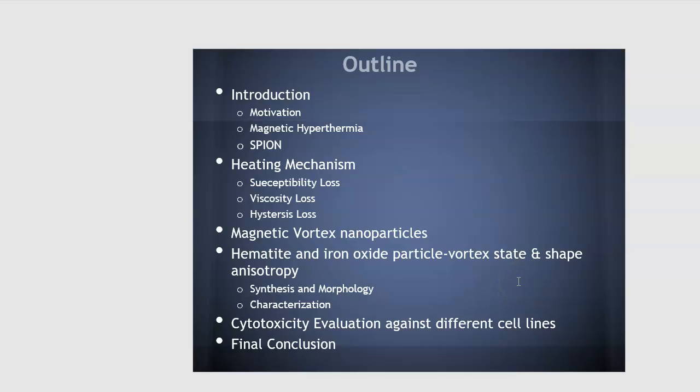This is the plan of my talk. First, I would like to discuss briefly the motivation behind this work.